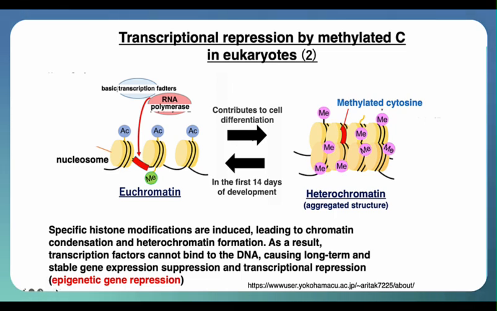This robust suppression of gene expression, formed by the coupling of DNA modification and histone modification, is called epigenetic repression. The term epigenetic refers to the phenomenon where genes behave as if they have undergone mutations, even though no actual changes have occurred.